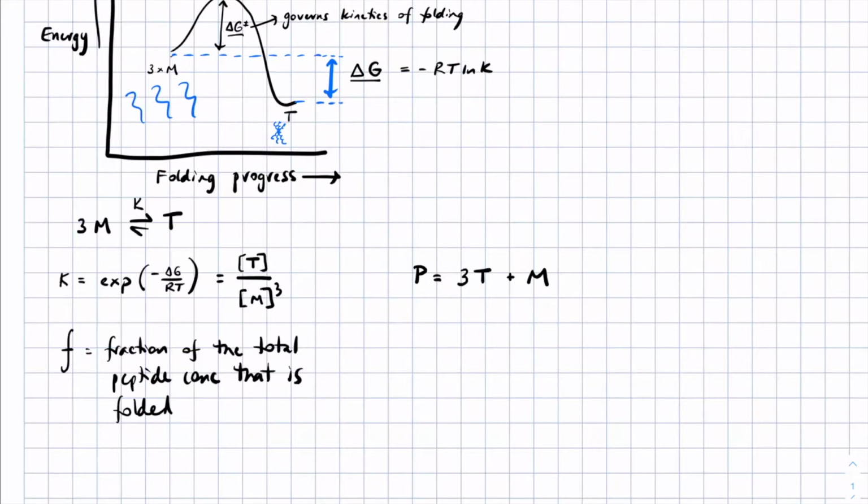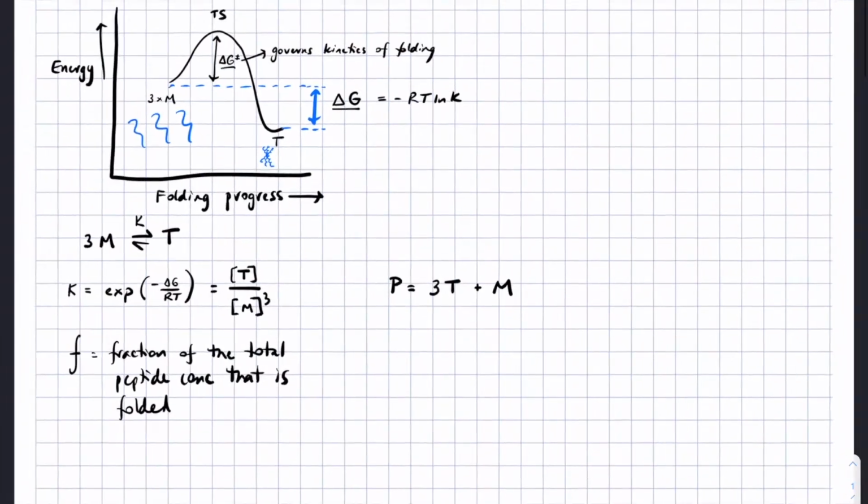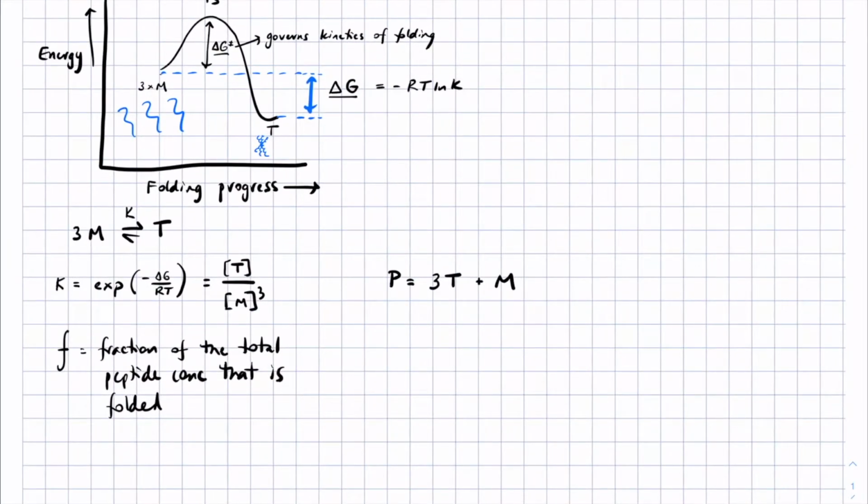All right, now because of the expression for equilibrium constant, we can rearrange and make some substitutions in our total peptide concentration expression. So for example, trimer concentration equals K times the monomer concentration cubed.